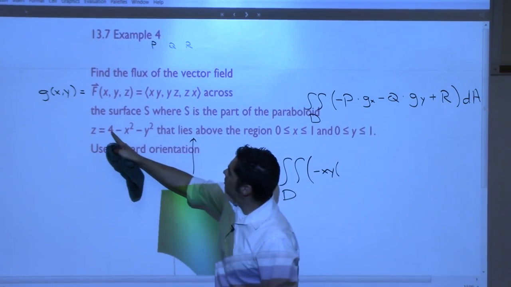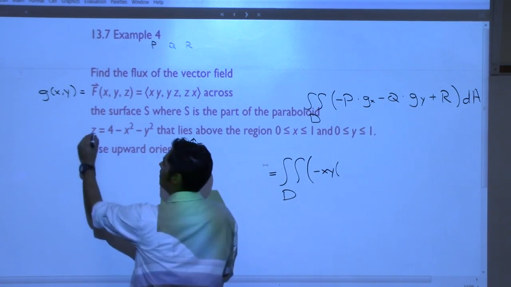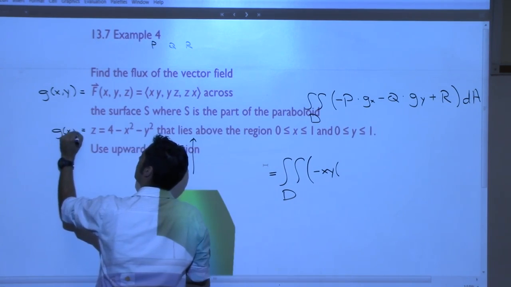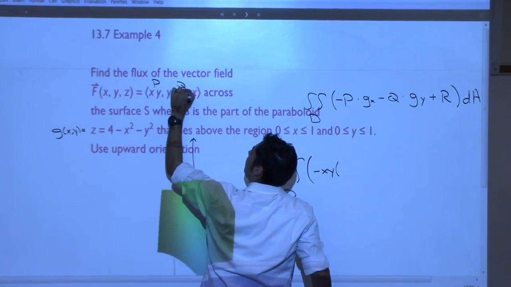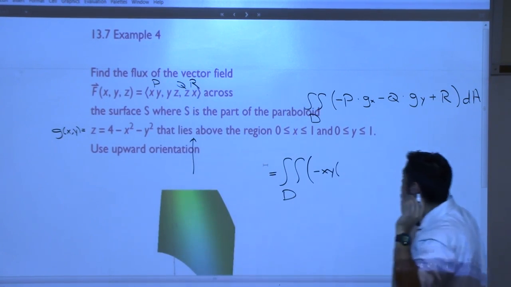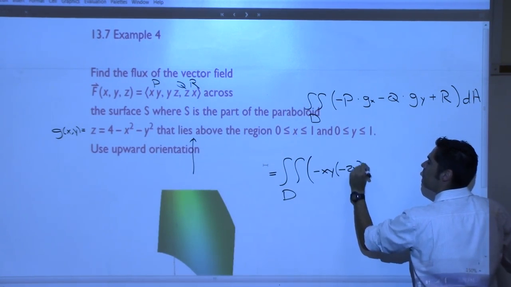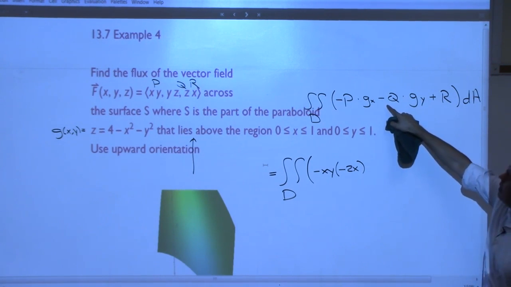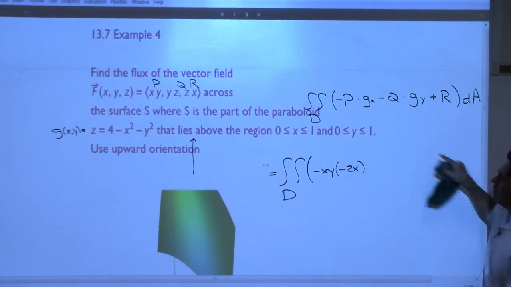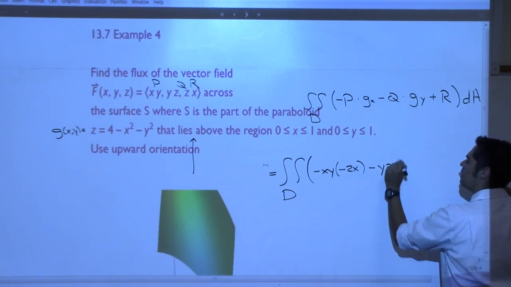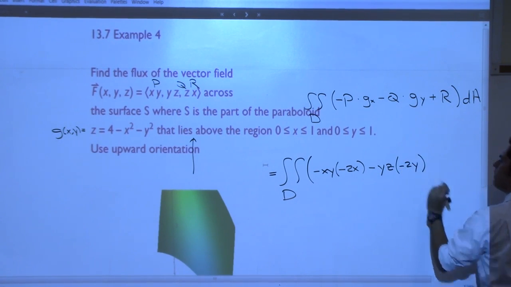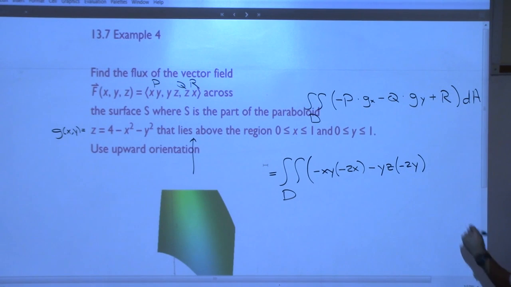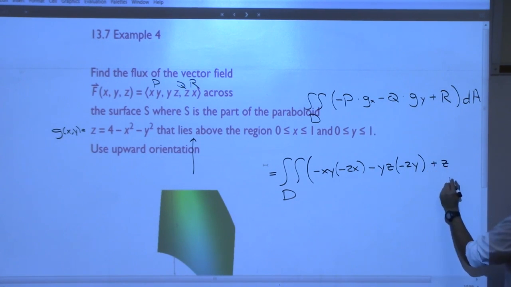Here's my g. What's the partial of g with respect to x? Negative 2x. Now, negative Q. What's negative Q? Negative yz times the partial of g with respect to y, negative 2y, and then plus R, which is zx, dA.